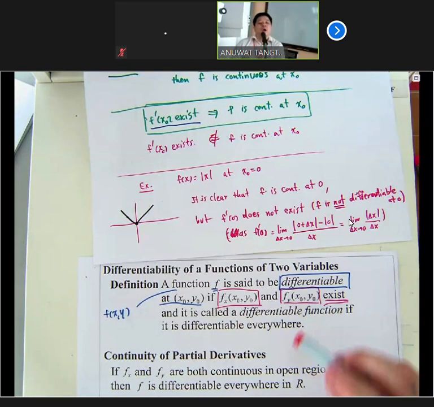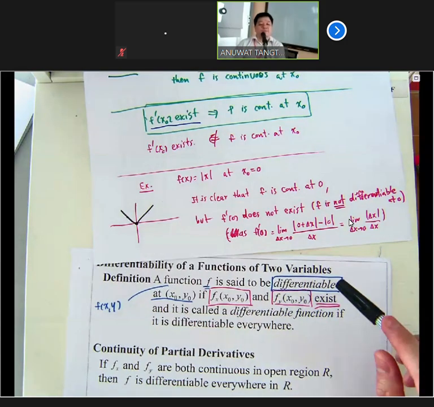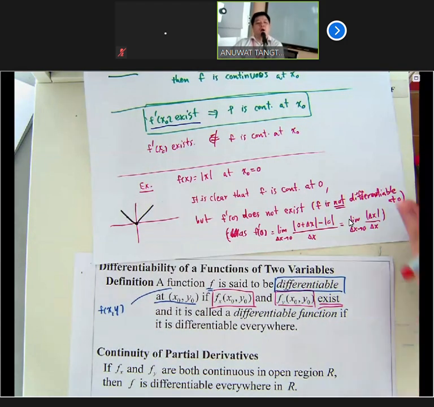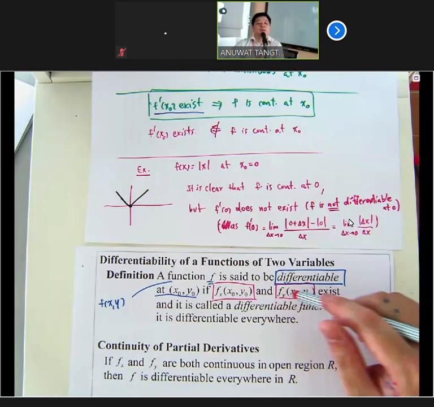To be differentiable, all of the partial derivatives must exist. All of the partial derivatives with respect to each independent variable must exist.